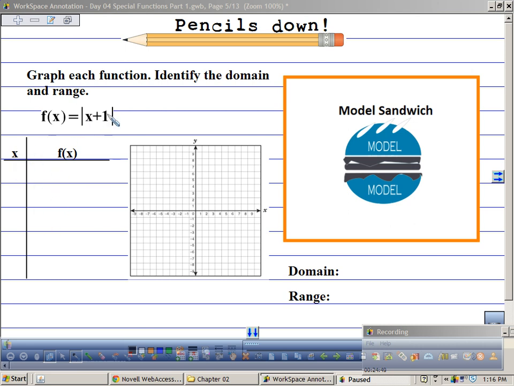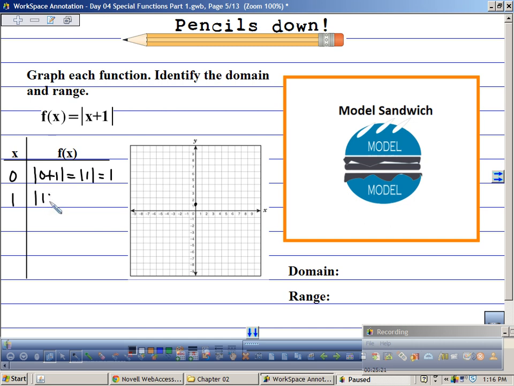So the easiest number to substitute in for x is always 0 when you're graphing, correct? So I'm going to substitute in 0. The absolute value of 0 plus 1 equals the absolute value of 1, which is 1. So I would graph 0, 1. Next easiest number would be 1.